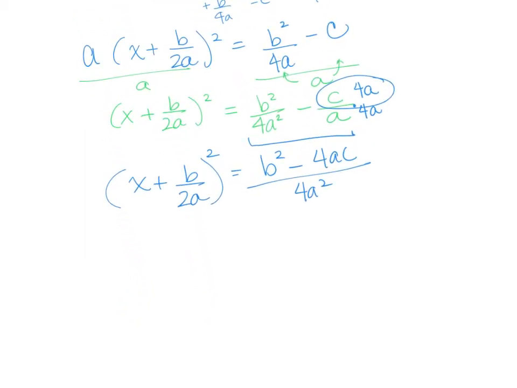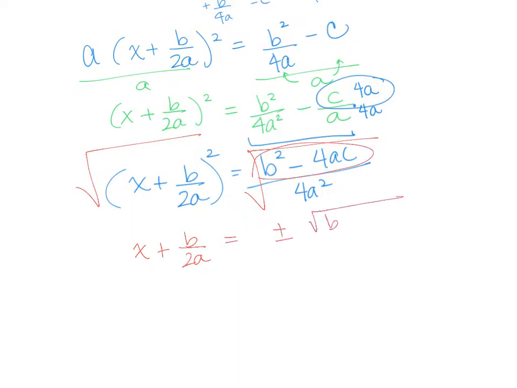Now to get the x alone, we want a square root using our square root property. So this is x plus b over 2a equals plus or minus. Well, when you take the square root of a fraction, we can have the square root of the top, which is b squared minus 4ac, over the square root of the bottom, which would turn into just 2a.